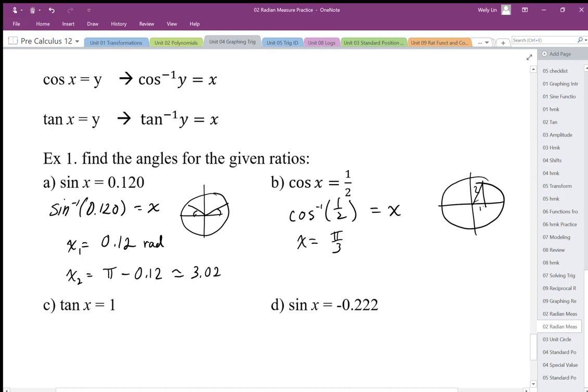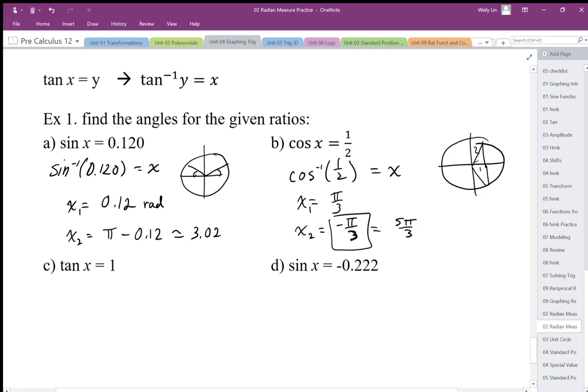Here, theta 2 is going to be, the symmetry for cosine is down here, so that theta 2 angle should be negative pi over 3. Okay, which we can also say is equal to 5 pi over 3. Okay, those are actually equivalent. Those are coterminal angles. This is good enough though.